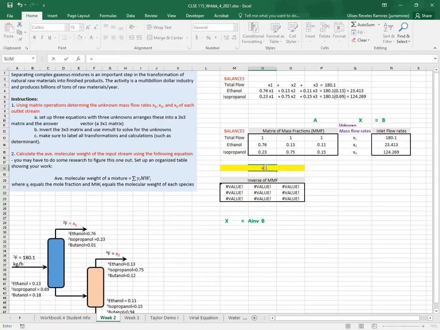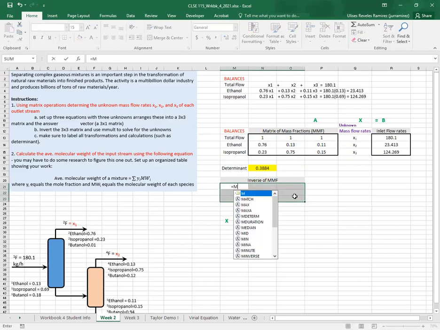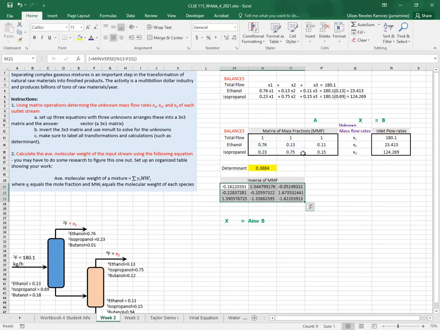The determinant of this matrix has to be different from 0 to have a solution. Okay, that's good. It's not. The inverse of the matrix, okay, let's call it M inverse, of this matrix A. Control Shift Enter. That's my inverse matrix.